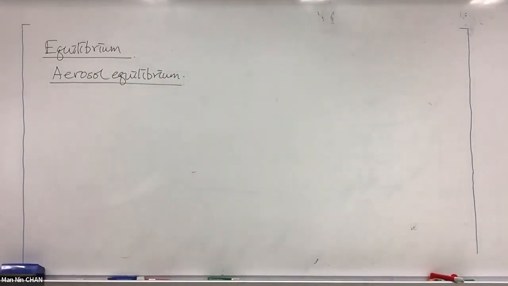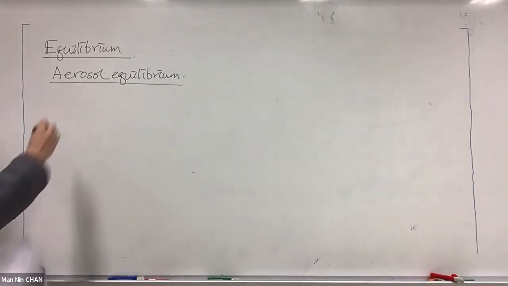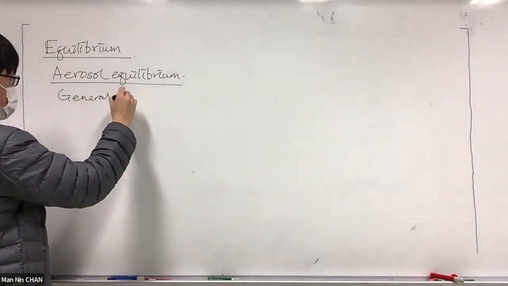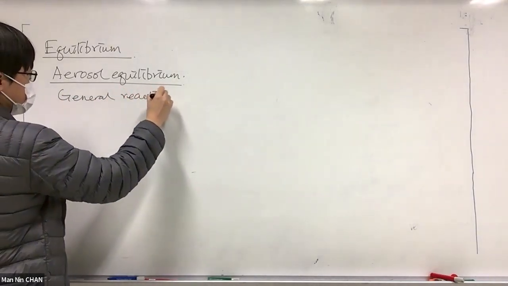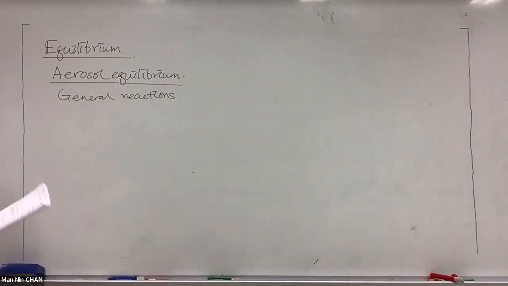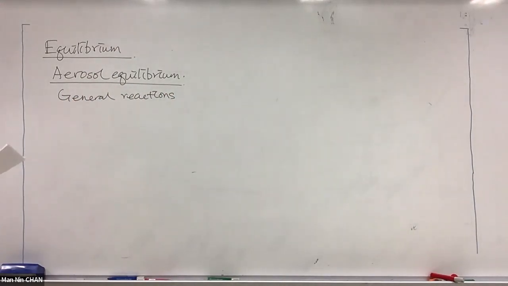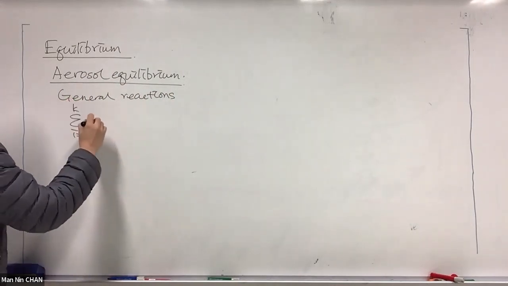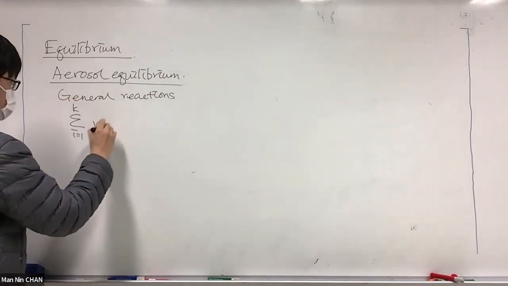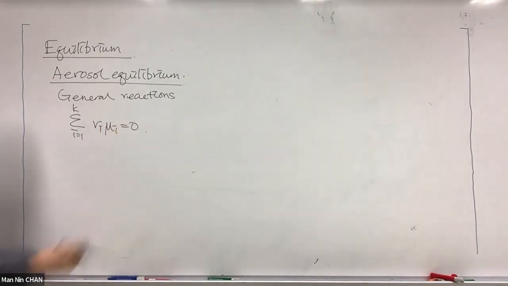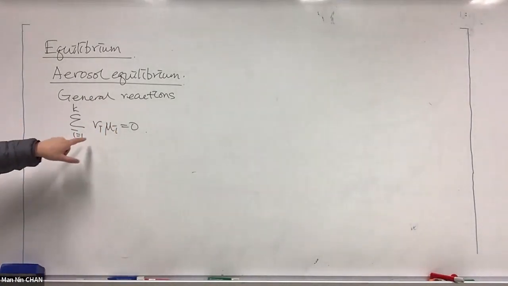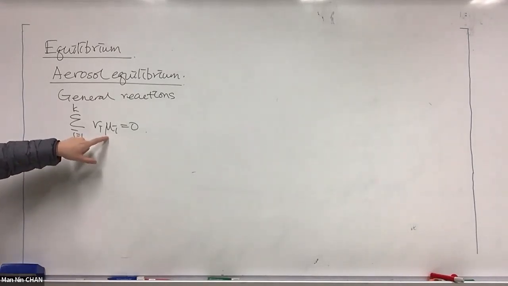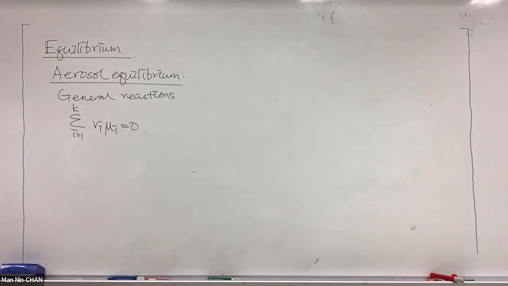And then for some general reaction, just to quickly refresh your memory: in case we can assume you reach an equilibrium state, you are looking at the summation of the stoichiometric coefficient of your species times the corresponding chemical potential of your species.